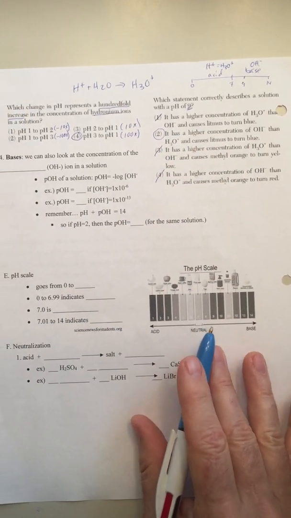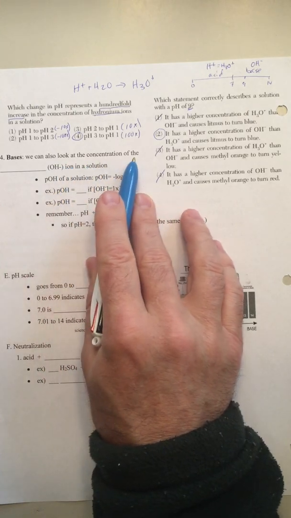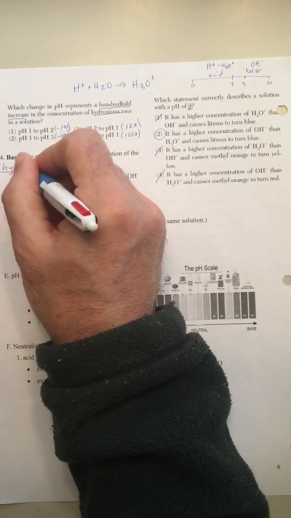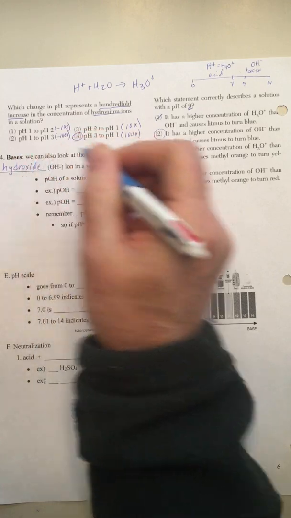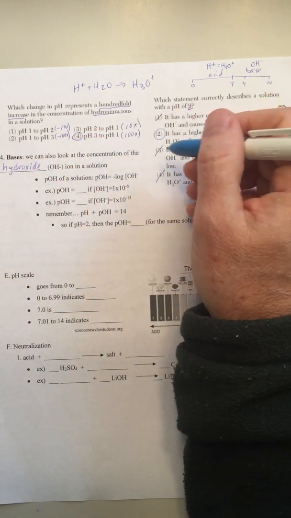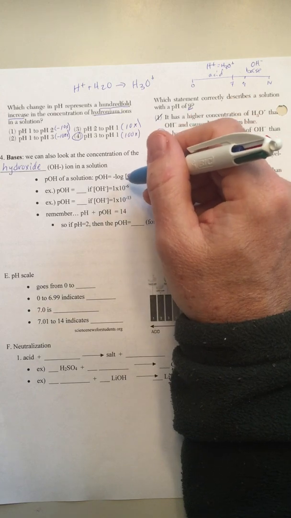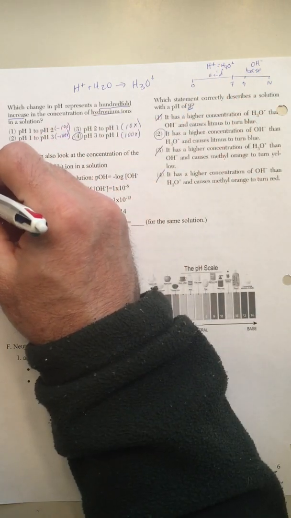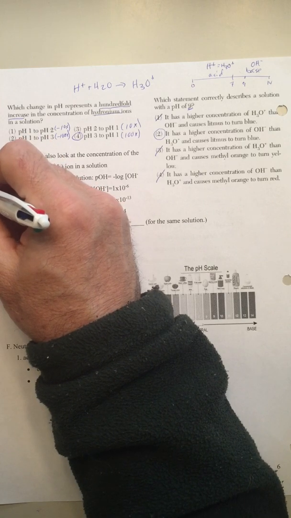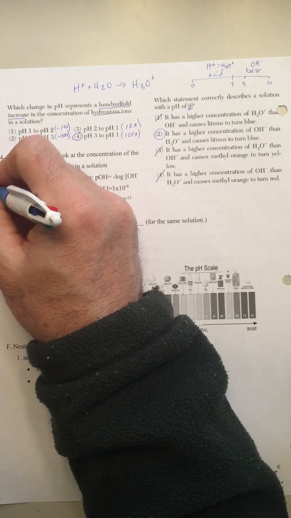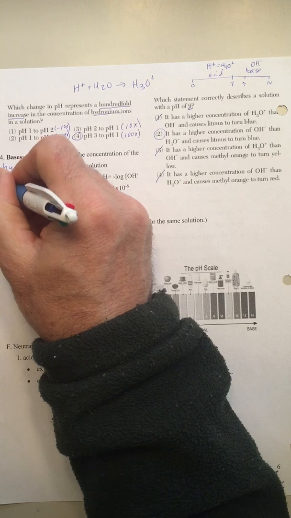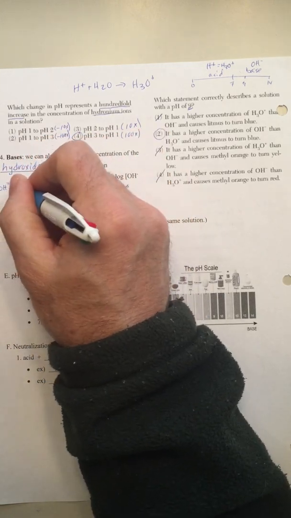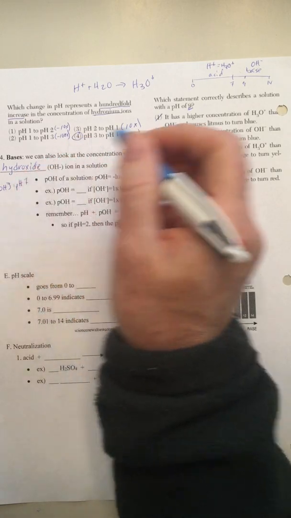Okay, so bases. We can also look at the concentration of OH minus, which is called hydroxide ion in solution. So this is just to give you the idea that when the concentration of hydrogen ions is equal to the concentration of hydroxide ions, that means that there's a pH of 7.